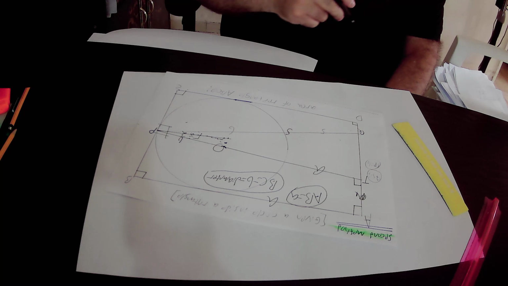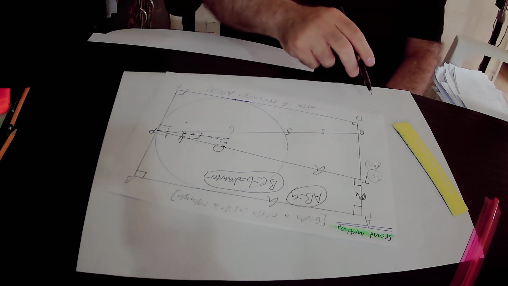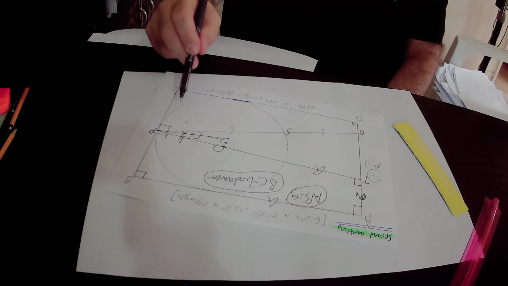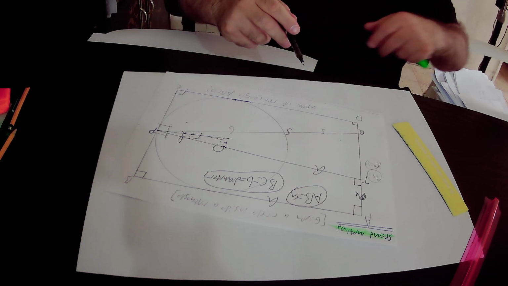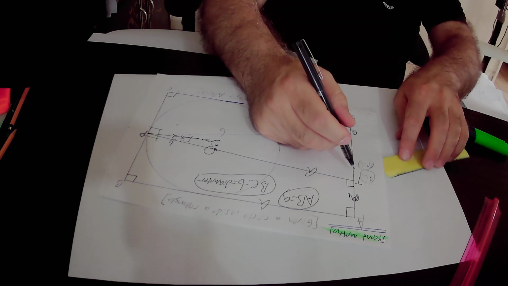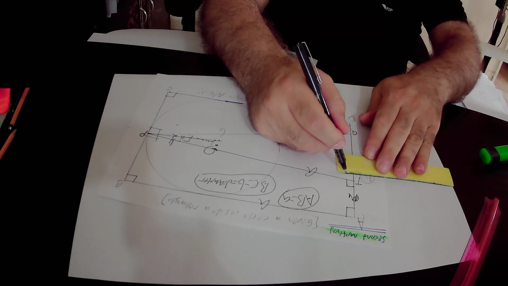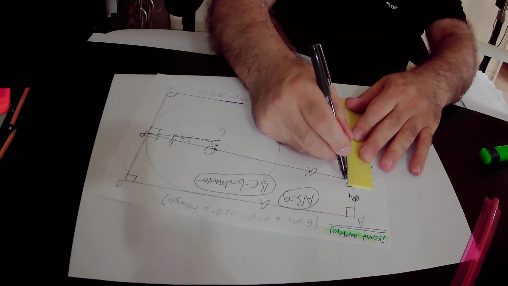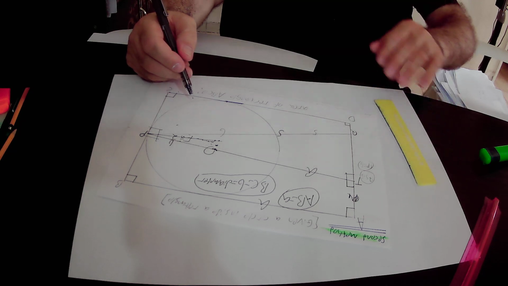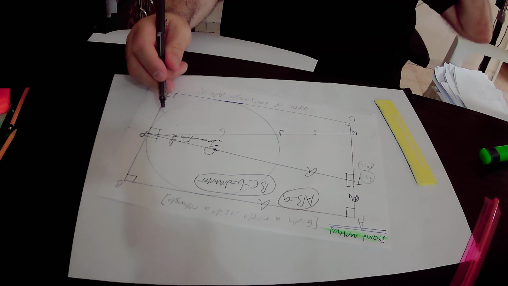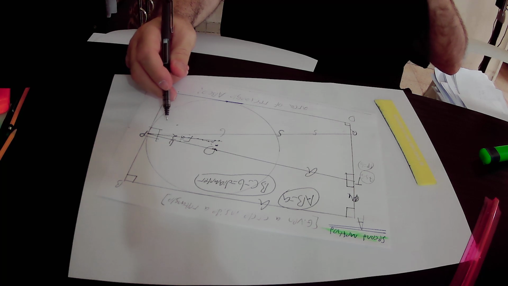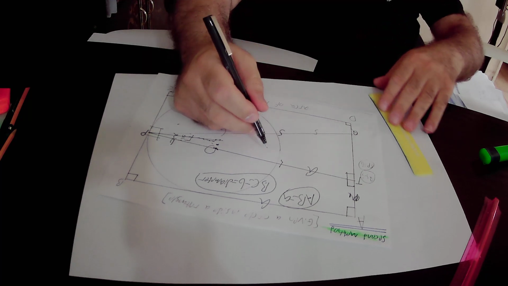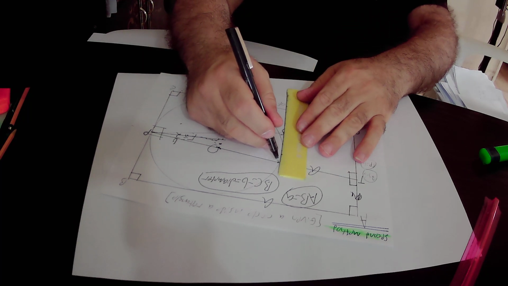Okay, we focus on quadrilateral TPDC. Inside quadrilateral TPDC, we have 1, 2, 3 right angles. Therefore, the fourth angle must also be equal to 90 degrees. This angle is the right angle, it is equal to 90 degrees. We define the touching point of the extended radius PO and the circle as point L. We join points L and S together by a straight line.